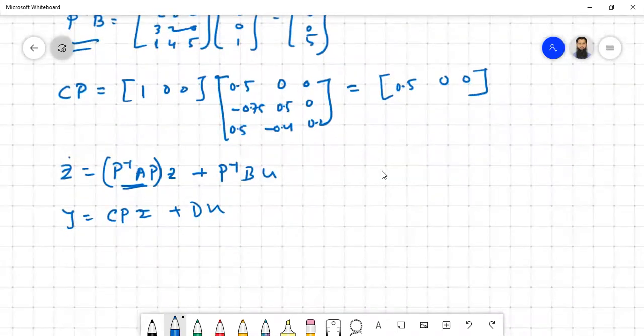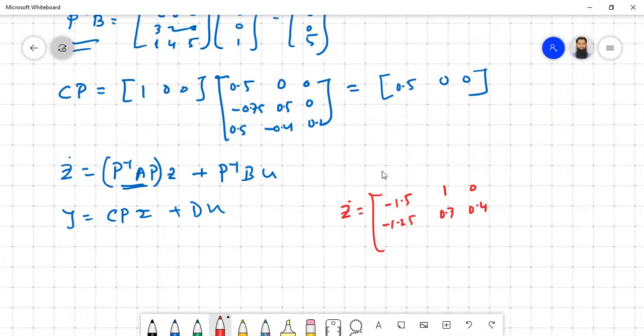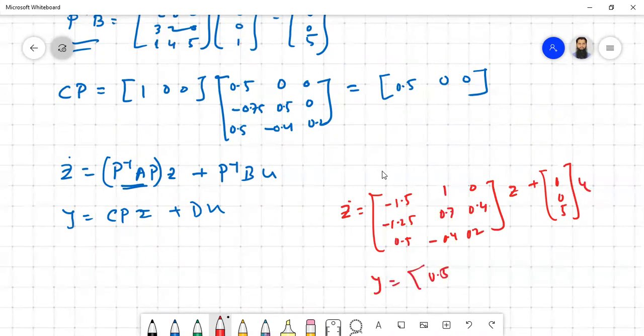The new system that we are going to get finally is Z dot equal to minus 1.5, 1, 0, minus 1.25, 0.7, 0.4, 0.5, minus 0.4, 0.2. This is your Z plus 0.05 u, and Y equal to 0.5, 0, 0 Z. Okay, so this is a simple idea.